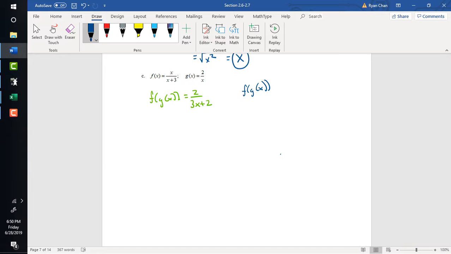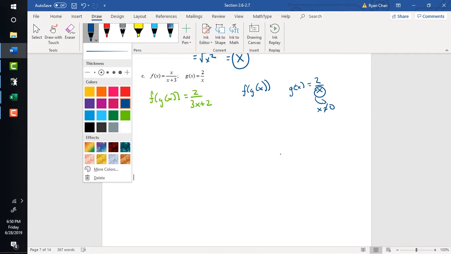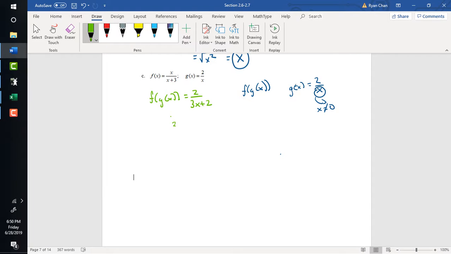Since g of x is equal to 2 over x, I'm going to set the bottom equal to 0, and I get x does not equal 0. The second part's always a more difficult one. There's two ways we can go about it. We can set the composite equal to 0. So I already know my composite.